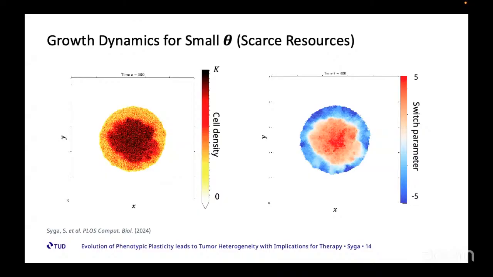While on the right side, you see the strategy, so the switch parameter, where the cells at the edge of the tumor have this repelling strategy where they try to walk away when it gets uncomfortable, while the cells in the tumor core have this positive value, which means they actually try to grow and they don't migrate.